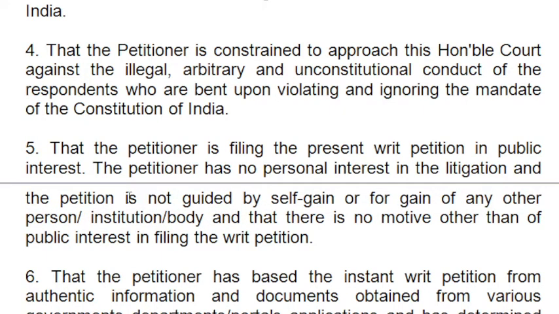So basically the petitioner filing this PIL is not filing it for self gain or any gain for any institute, body or person. The sole purpose of a PIL is to provide justice to those who cannot get justice. The petitioner has no personal interest. You have to mention all of these facts.